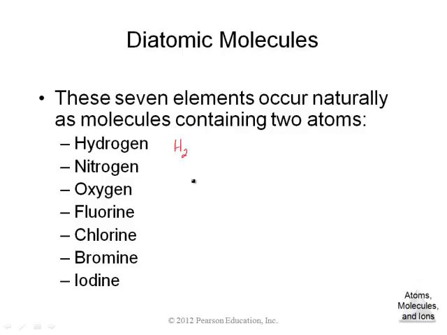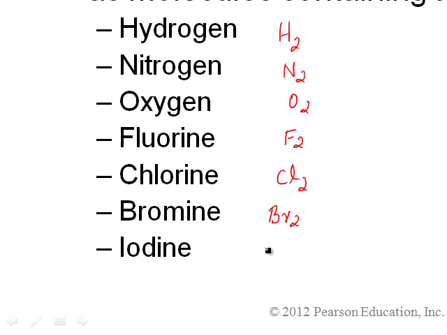When we say oxygen or nitrogen, once again, not just N, but N2. Similarly, O2, fluorine, F2, chlorine, Cl2, bromine, Br2, iodine, I2. So these 7 elements occur naturally as diatomic molecules in nature. So we write them all as diatomic molecules.